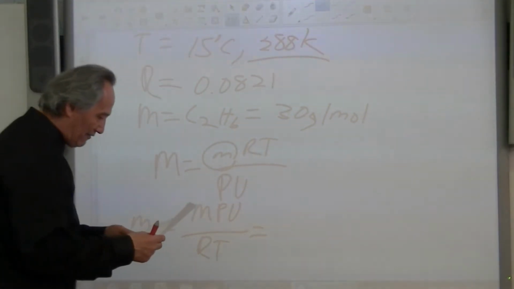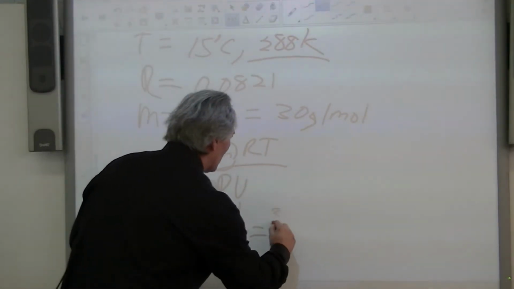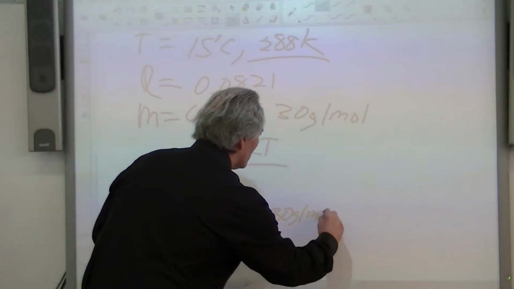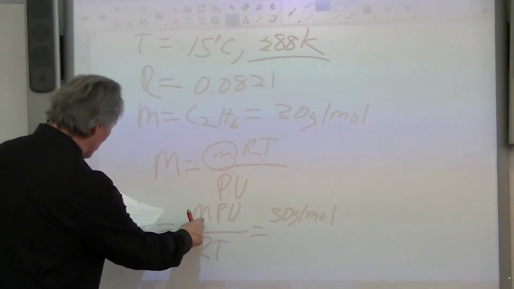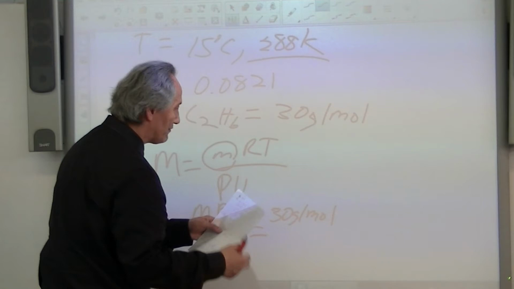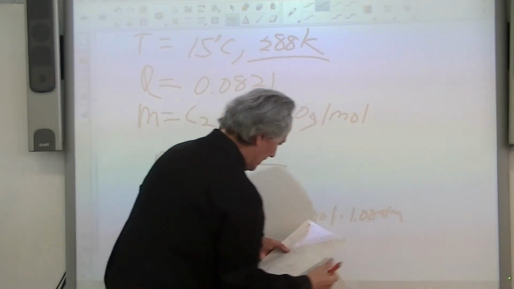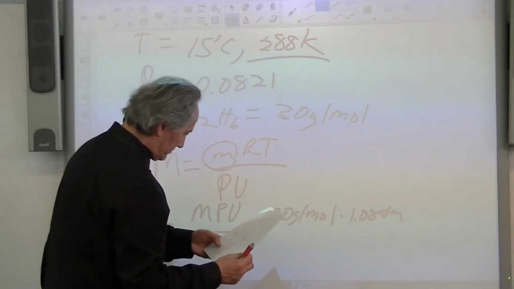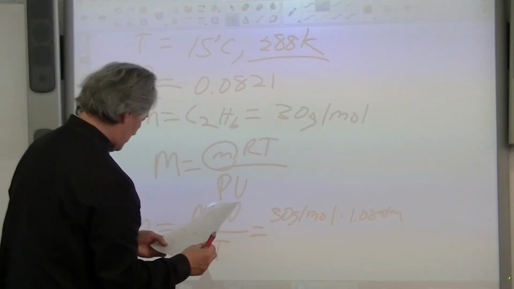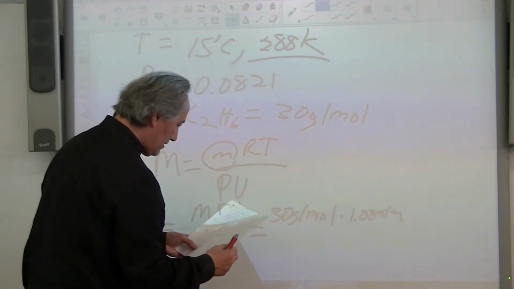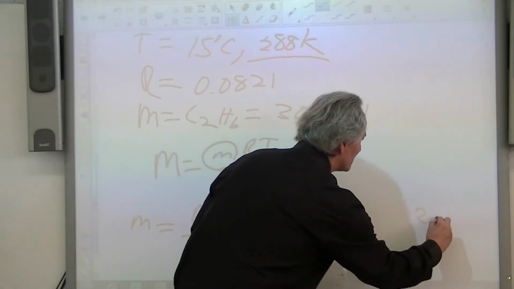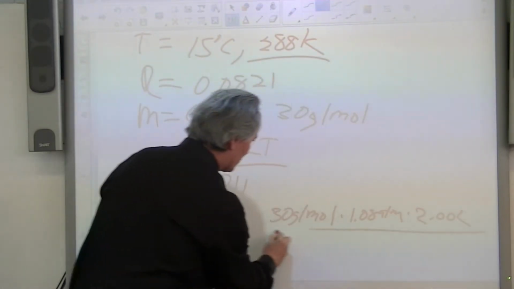So let's go ahead and plug in the values. The values would be 30 grams per mole, which is my molar mass. The pressure was given at 1.08 atm, and the volume was given at 2.00 liters. So far so good.